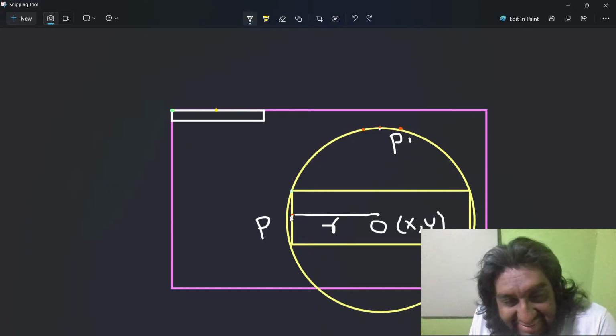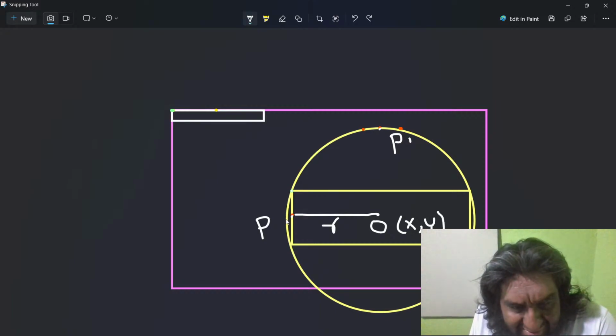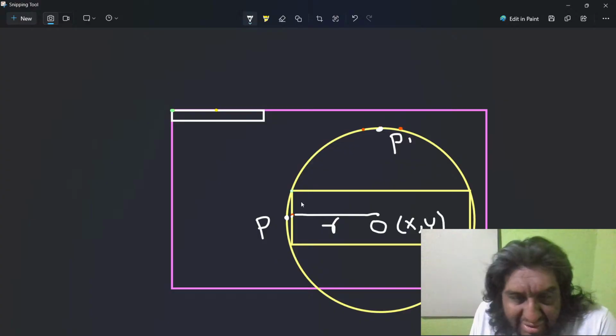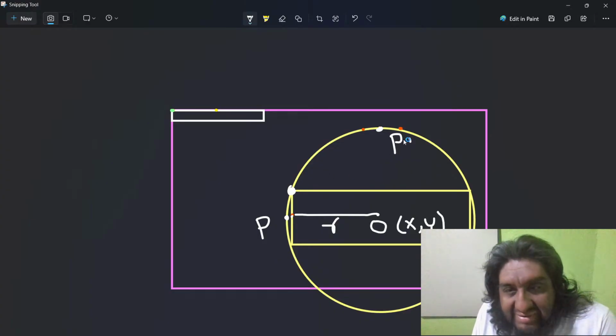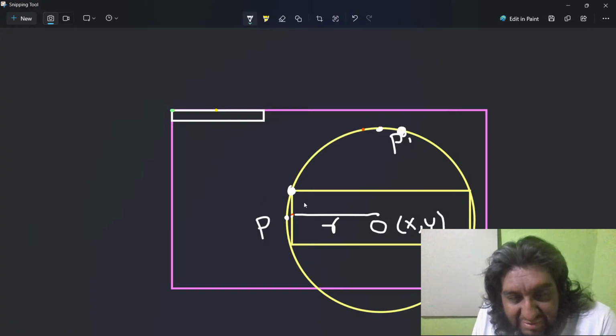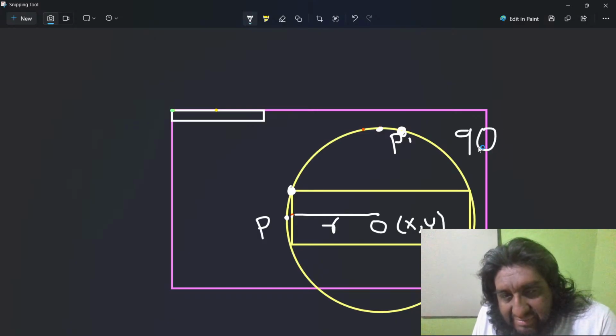I don't know. If we find some formula to translate this point to here, maybe we can use the same principle to put this over here. If it is 90 degrees, the correspondence between this and this, some sort of 90 degrees.